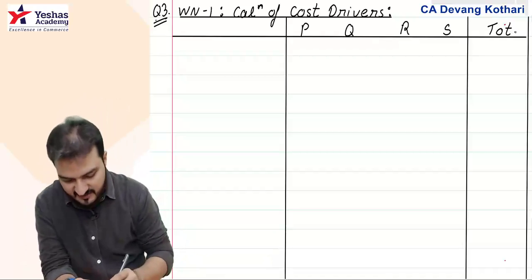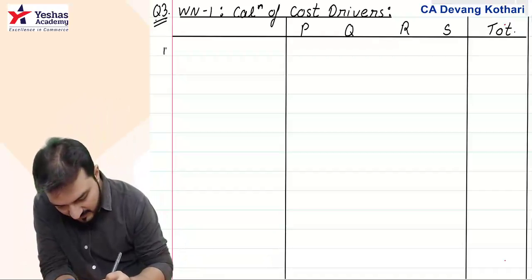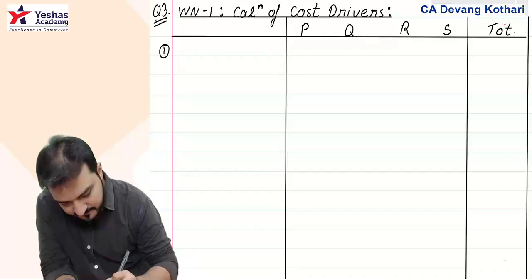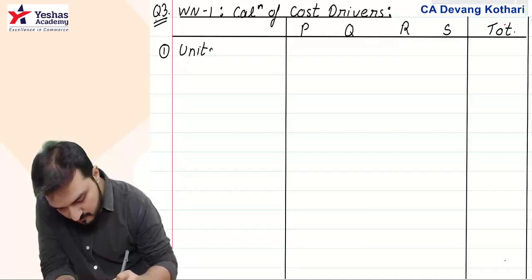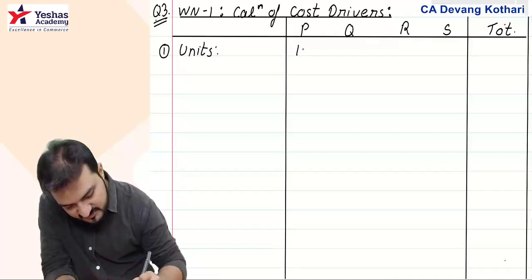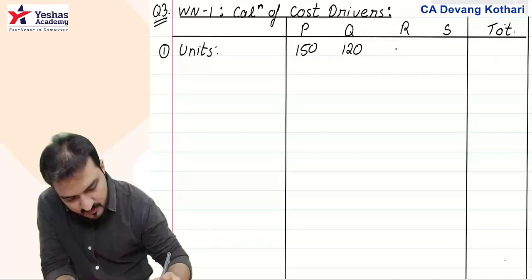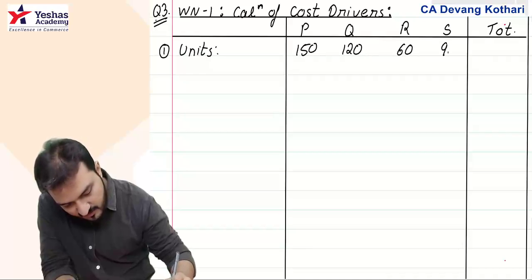This is how I'm designing my note. I'll put point numbers in each point so that I can use it in my reference. Units is 150, 120, 60 and 90.